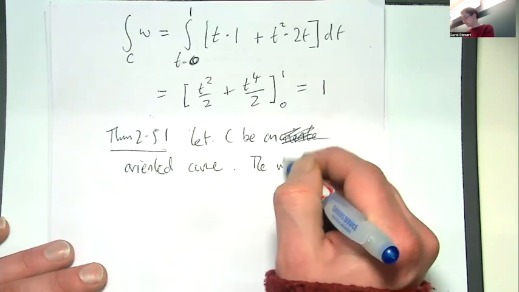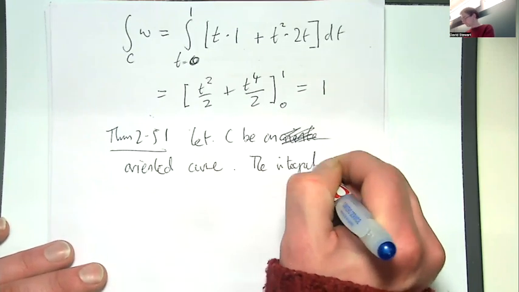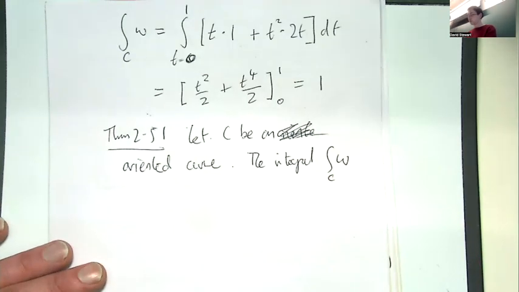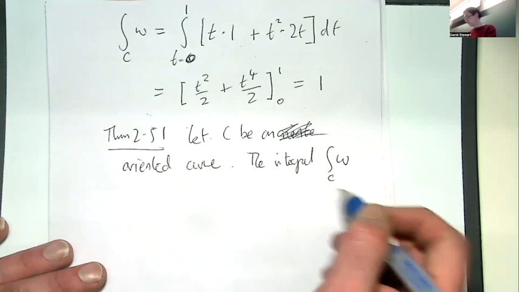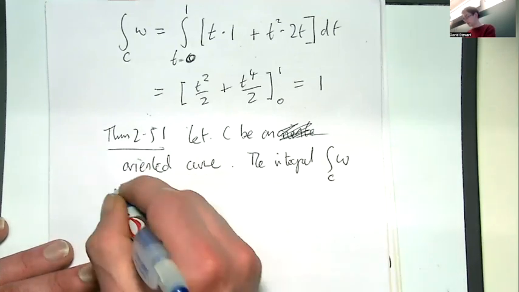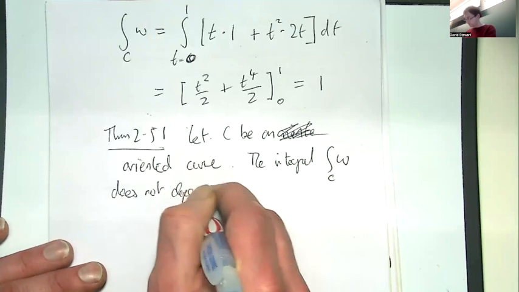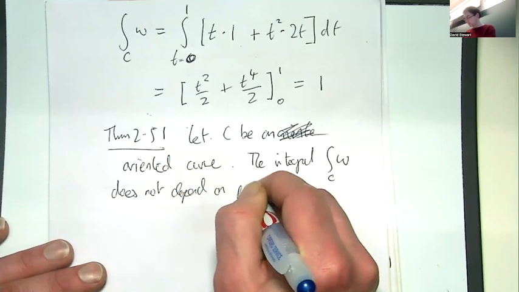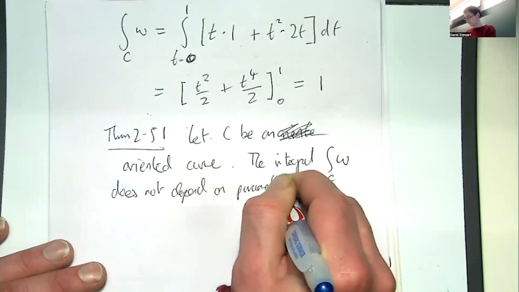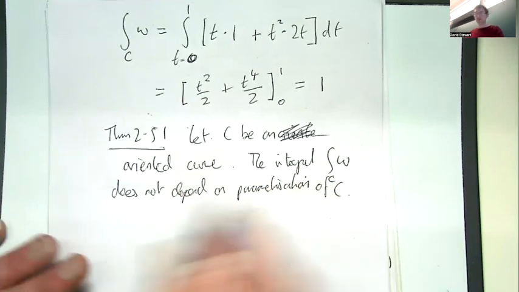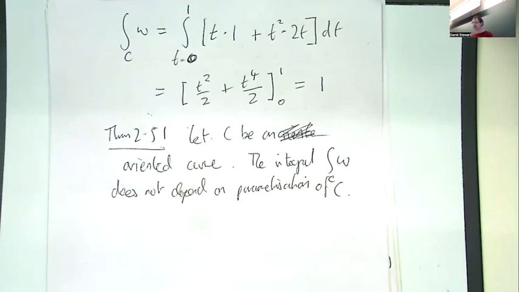Then the integral over C of omega does not depend on the parameterization of C. So you can choose any gamma that traces the thing out in some smooth enough way.